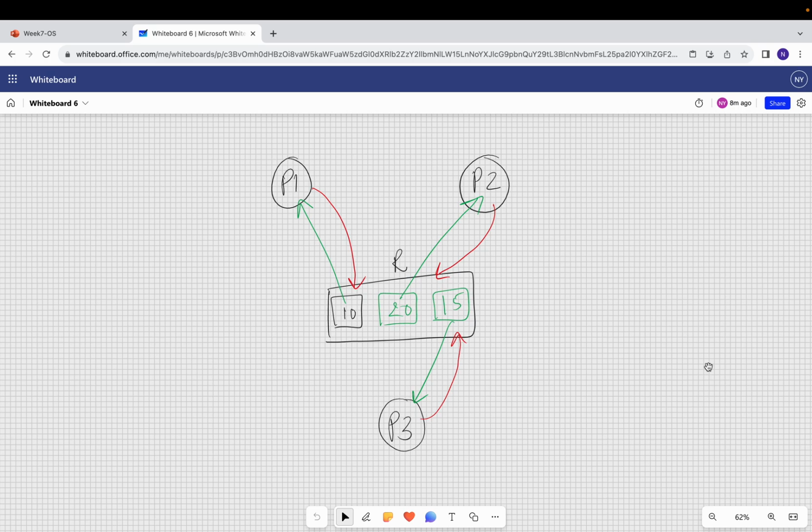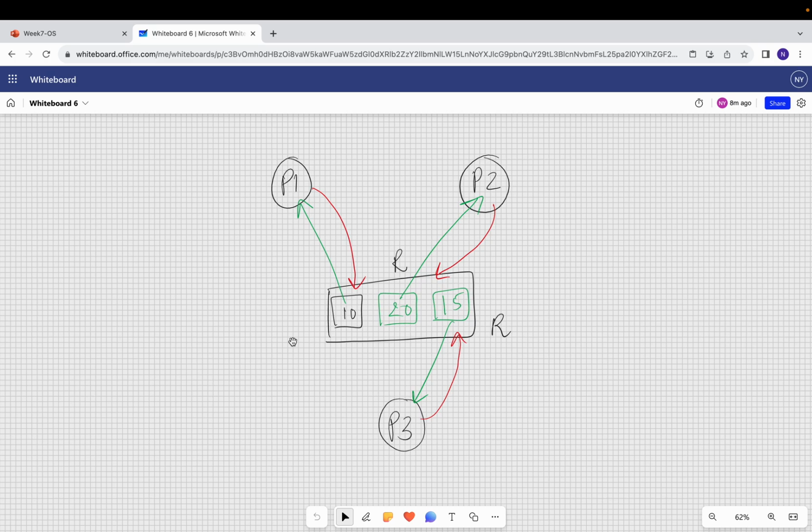In this way, all of them are deadlocked because they are holding resources while waiting for more, and the resources are not available. So how many resource units are there? 10 plus 20 is 30, plus 15 is 45. So if we have a maximum of 45 units of resource, it can still lead to deadlock.